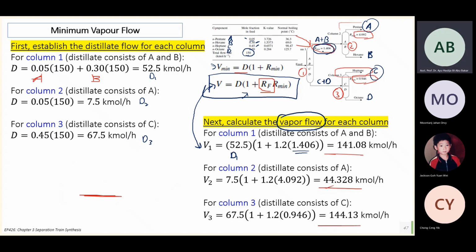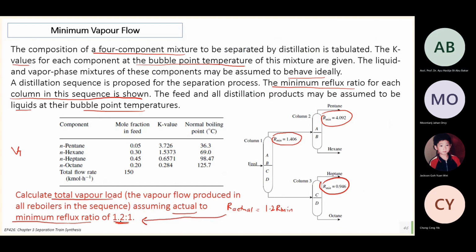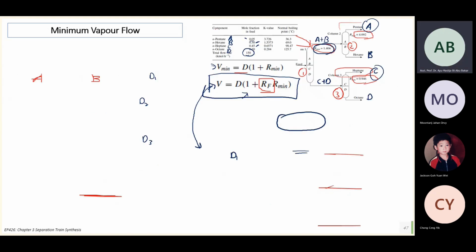Column 1, use R min for column 1. RF equals 1.2 is based on the statement from the question. Okay, 1.2.